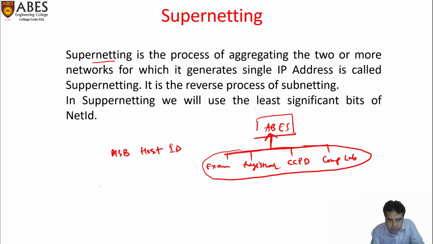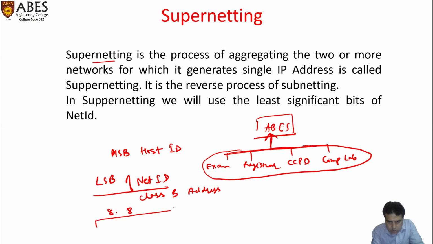In supernetting, we use the least significant bits of the network ID. Suppose we have a class B address, so this is 8 plus 8, total 16.